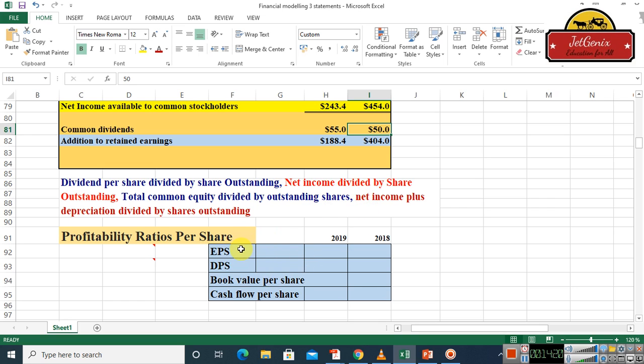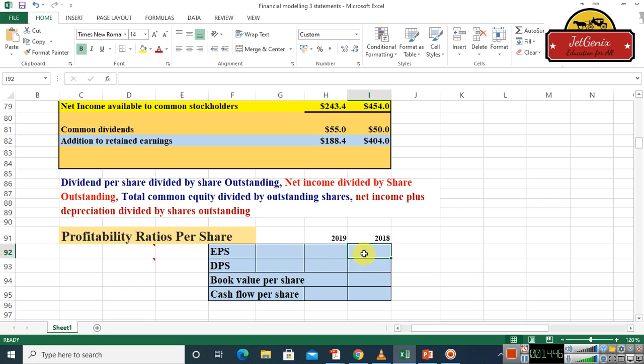For the earning per share, we divide the net income by the outstanding shares. For the book value, we calculate it by total common equity divided by the shares outstanding, and the cash flow per share we can calculate by net income plus depreciation divided by the outstanding shares.